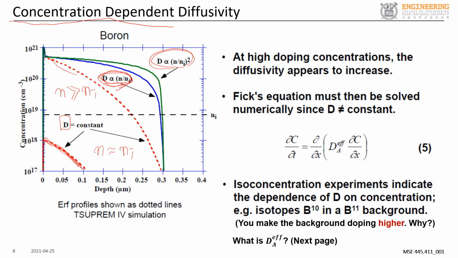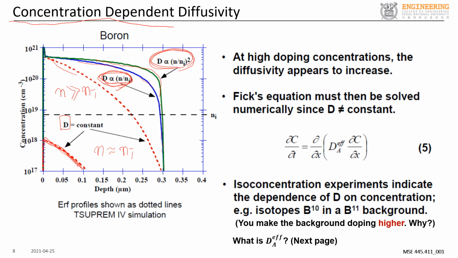So if you use these models where the diffusivity depends on the electron concentration, you will get much faster diffusion at higher concentrations. So you will get this box-like profile after the diffusion. It's really fast at high doping concentration, but it slows down quite rapidly. That's why you have this sharp drop in your doping profile.